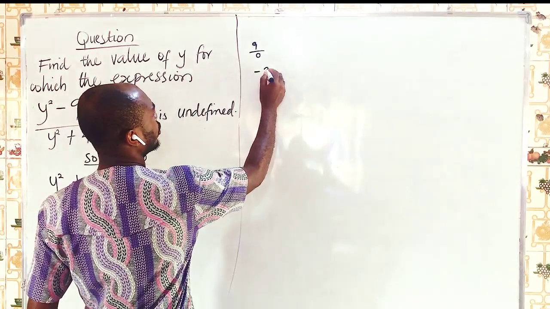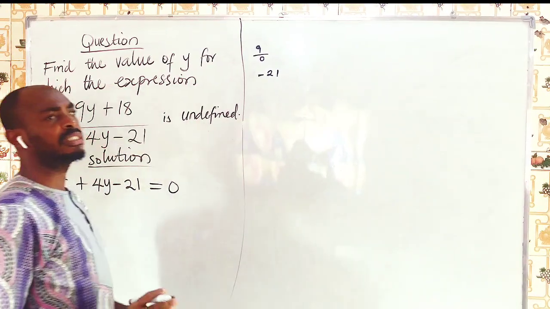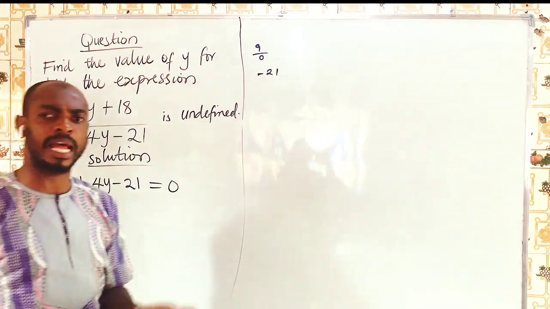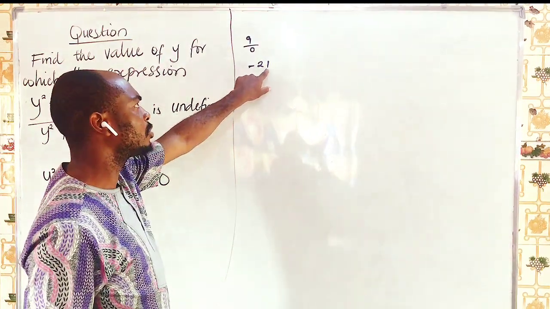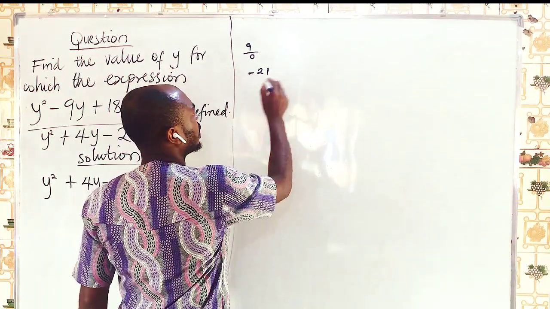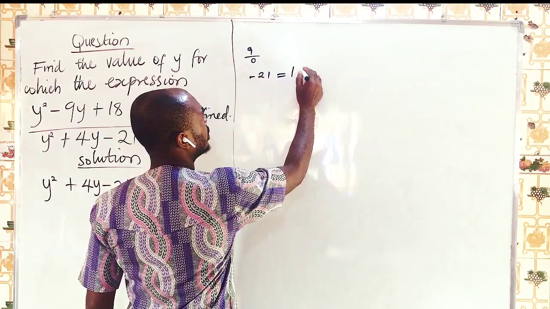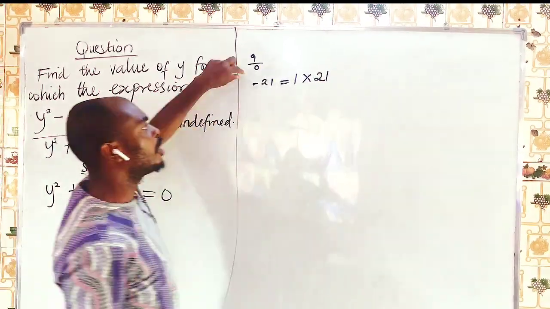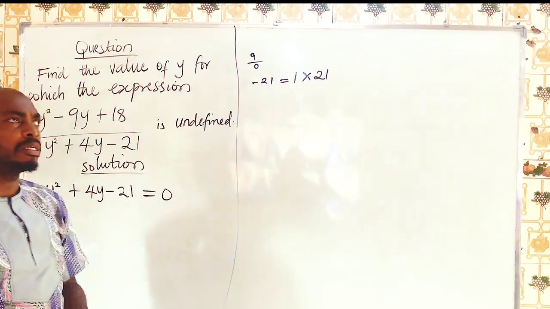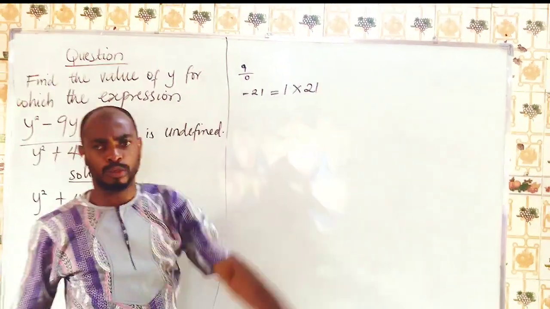Now the number is minus 21. Let us test numbers that we multiply together to get minus 21. The first we are going to look at is 21 and 1. Remember, for the product to be negative, either of the numbers will be negative.